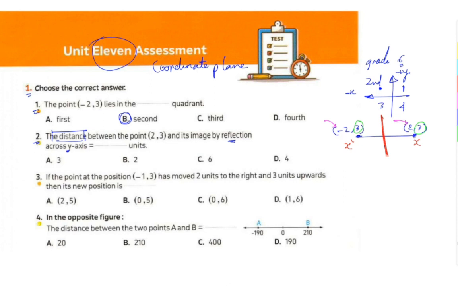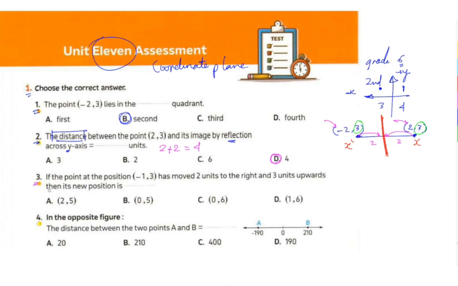To find the distance between a negative and positive number, we add them with the absolute value. So I will add absolute value of -2, which is 2, plus absolute value of 2, which is 2. So we have 4 units, 2 units from here and 2 units from here. So the distance is 4. So I will choose point D.